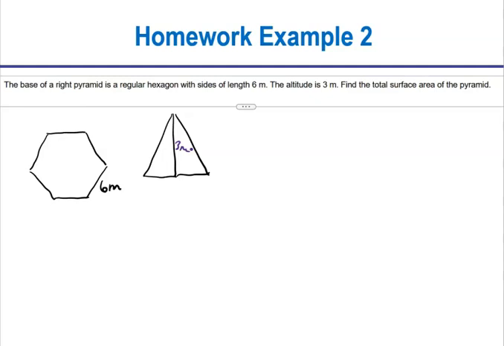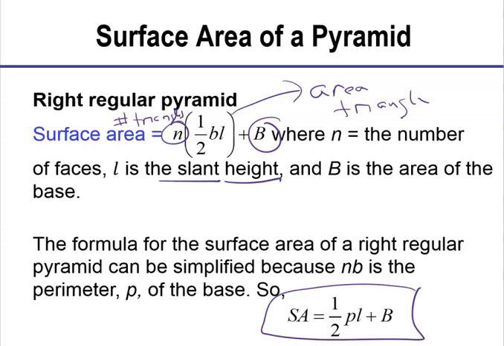Okay. Now, do you remember how we need to do this? You need to go find the pyramid formula for surface area. Let's go do it. So I'll scroll back for you. I think this is even a previous part of the video. But it says the surface area is 1/2 PL plus B. Let's write that down, and then we'll talk about it.